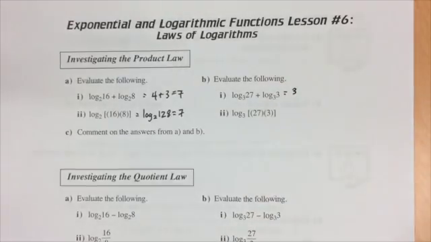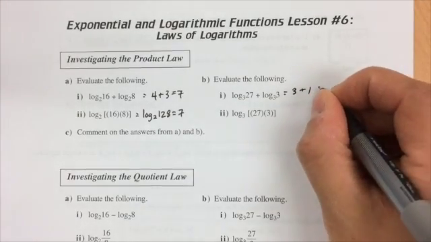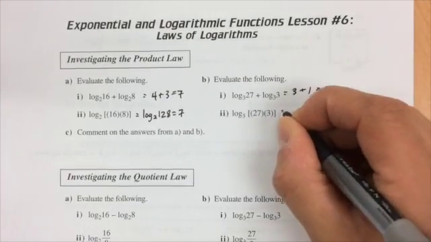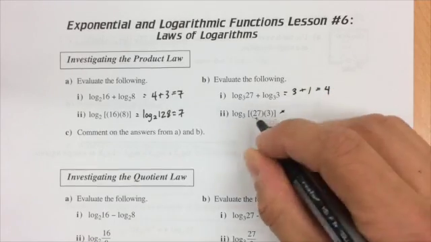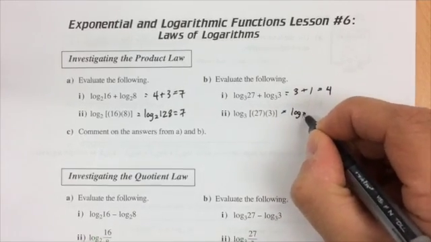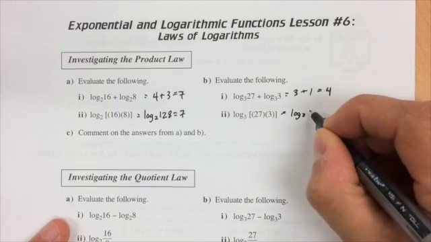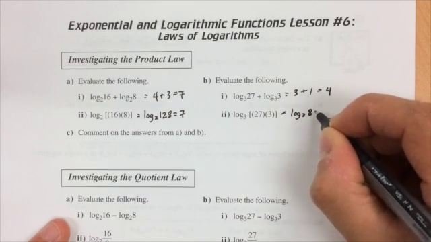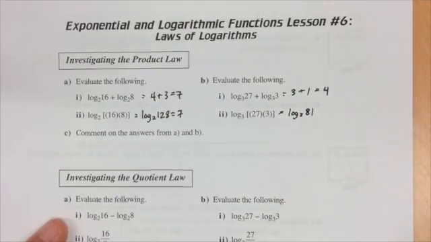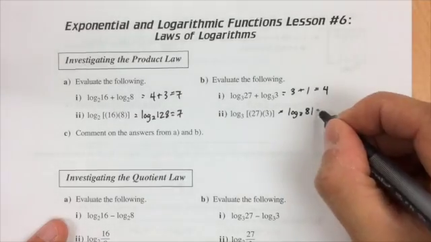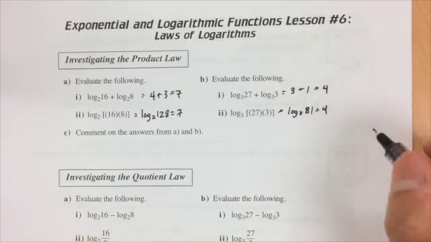I get 3 plus 1, so we're going to get 4. And the next one, this is the same thing as log 3 of 81, since 27 times 3 is 81, and that is equal to 4.